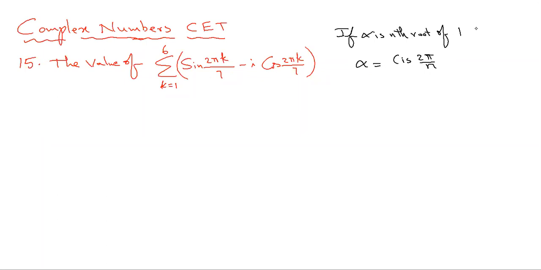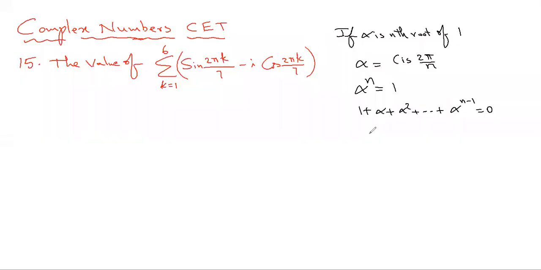This is one thing that you need to know. So if alpha is an nth root of 1, alpha is equal to this, and alpha power n equals 1, and 1 plus alpha square plus and so on plus alpha power n minus 1 equals 0. These are the properties that you need to know to answer this question.